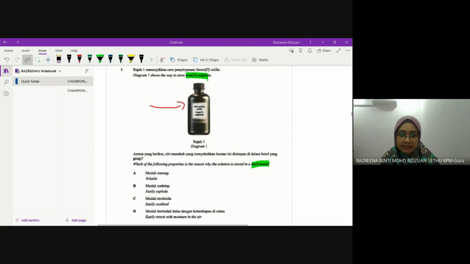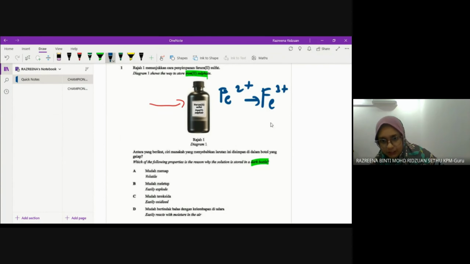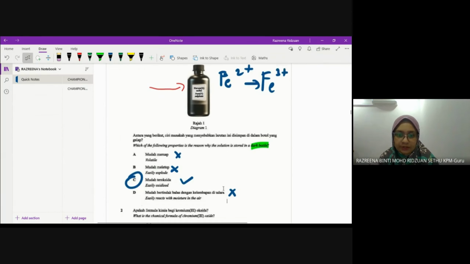For this case we need to understand iron(II) sulfate. It is a salt that can be easily oxidized, meaning iron(II) can change to iron(III) very easily. So the answer is C, easily oxidized, not explode, not volatile, and it does not react with moisture in the air.